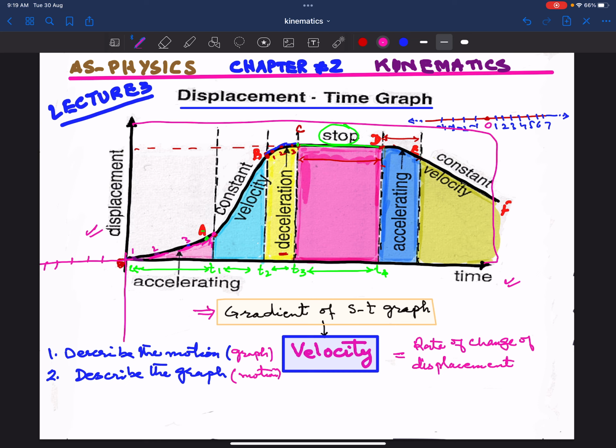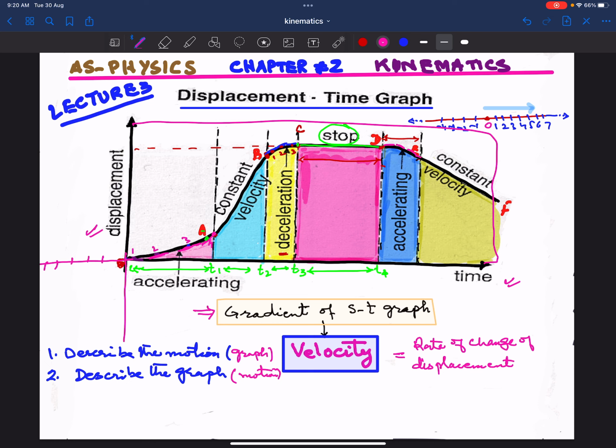This is very important to understand, that the body was moving in the positive region, that is, on the right side. After point D, what has happened? This is important. Here you will see that the gradient is negative for all these points.